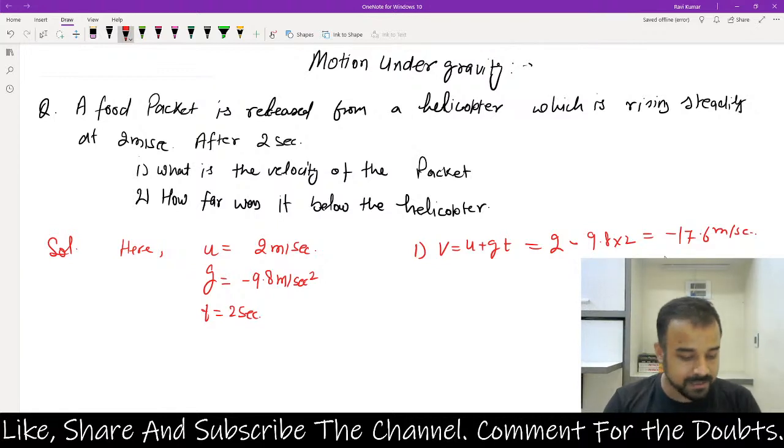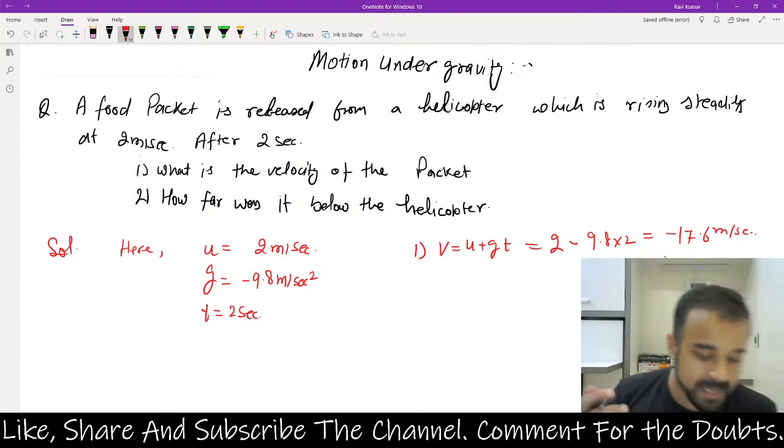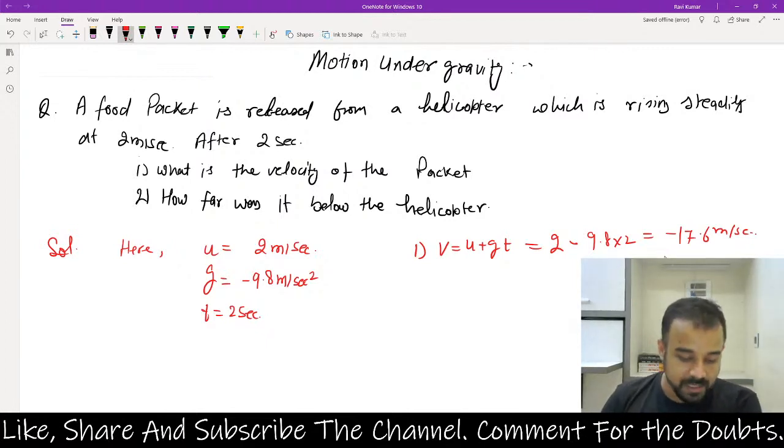Let's talk about number 2. We have to find the distance, so which formula will we use? We can use the formula s is equal to ut plus half at square. So let's see. S is equal to ut plus half at square, that is equal to 2 into 2 minus half into 9.8 into 2 square.